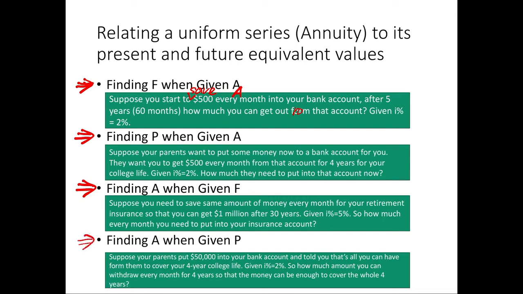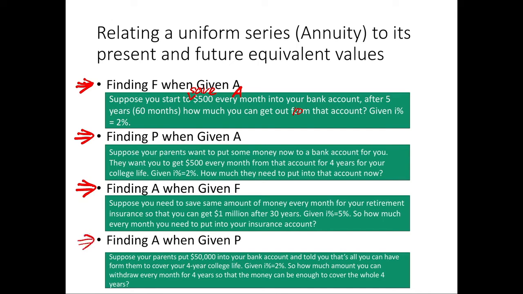So they put that in the bank and they tell you that, okay, that's all for you, for your college life. So now you need to decide how much you want to withdraw from that account so that the money can be enough to cover the whole 4 years in college. Okay, so now you want to know how much you can withdraw.